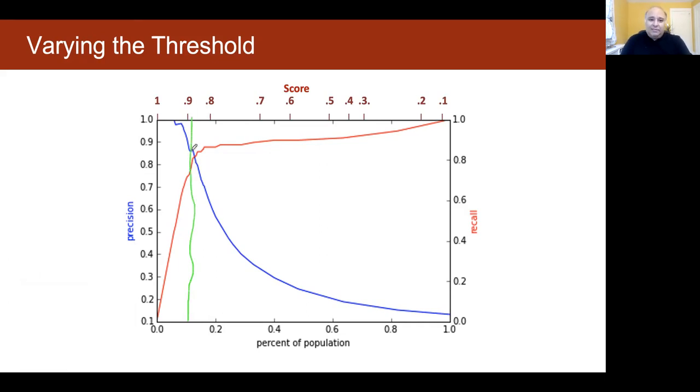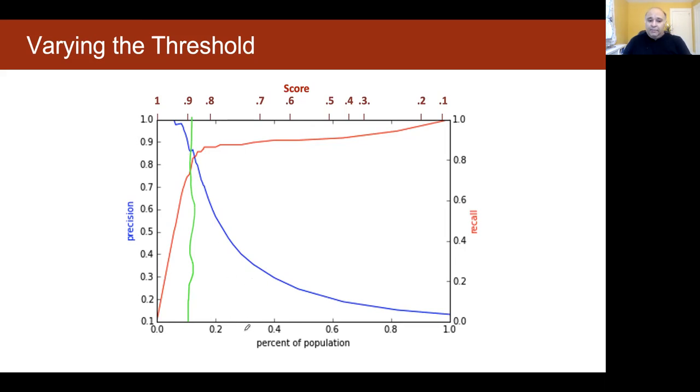So its precision is actually about 85%, I'm sorry, and recall is about 75%. So the policy menu says, if you have capacity to intervene on 10% of the people and you use this model, in the top 10%, 85% of them will actually be high risk, and your recall will be 75% of all the people who actually need the help.